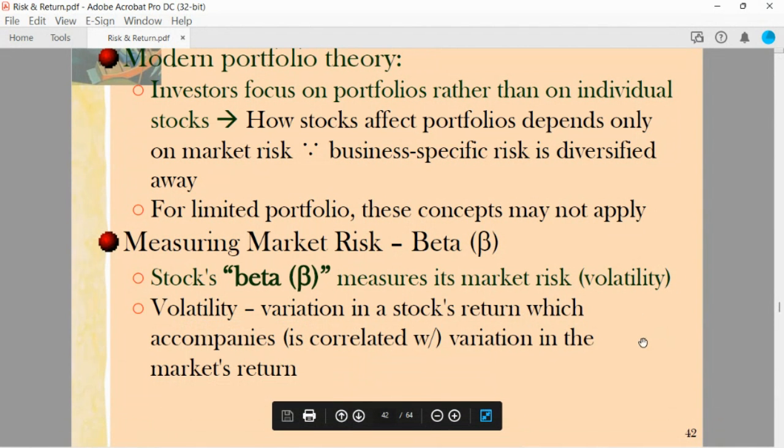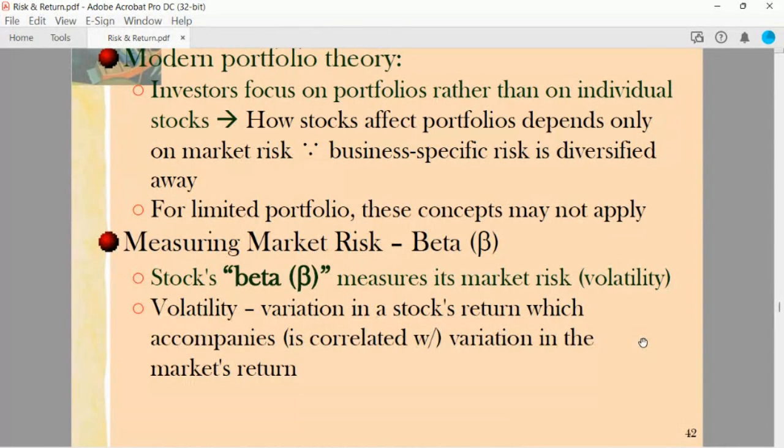If beta is 3, that means when the market drops 5%, Apple will drop 15%. And on the other hand, if S&P 500 goes up 5%, Apple's return goes up 15%. So the higher the beta, the more volatile the stock will be.